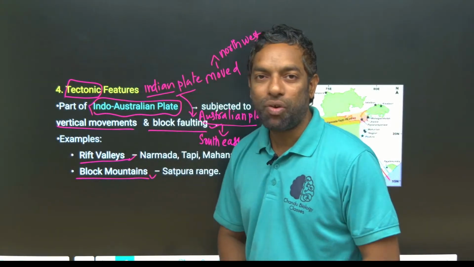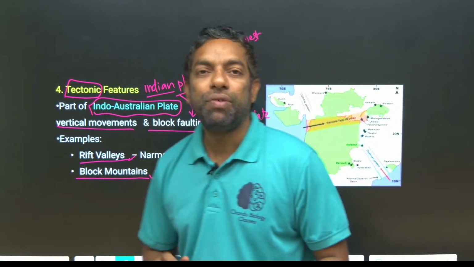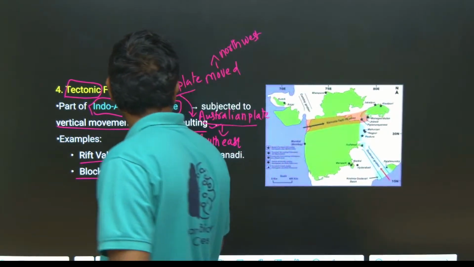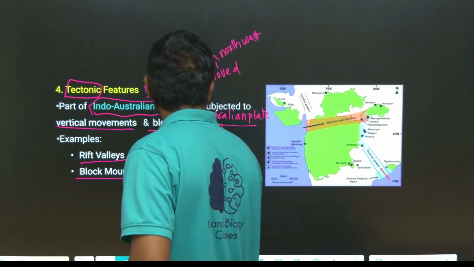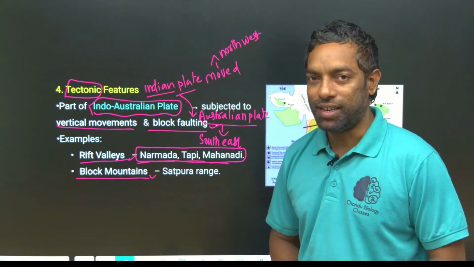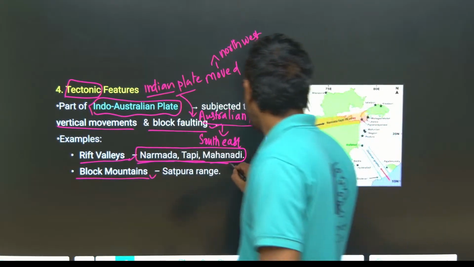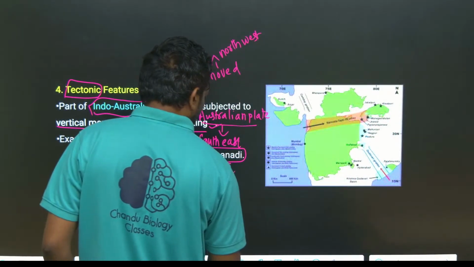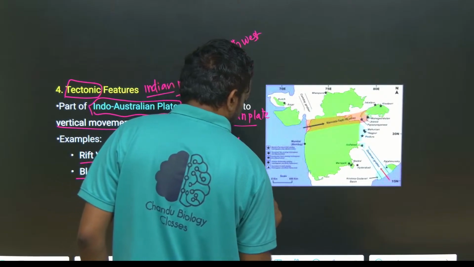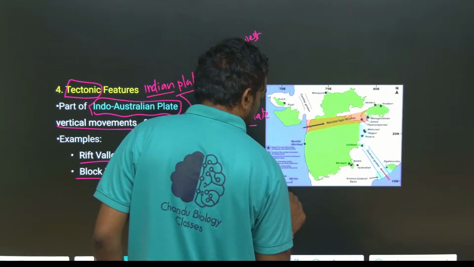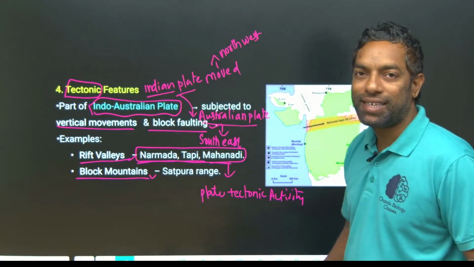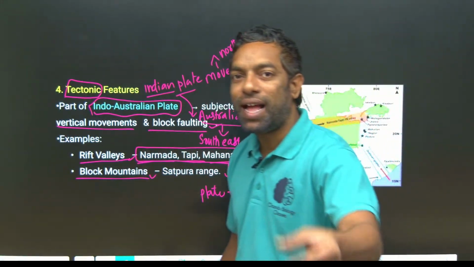They can ask you which one of the following comes under rift valley: the Narmada, Tapi and Mahanadi. These are rift valleys, guys. Rift valleys are created by plate tectonic activity.